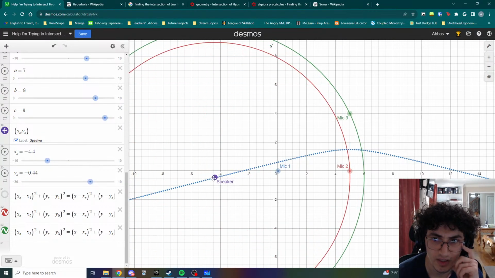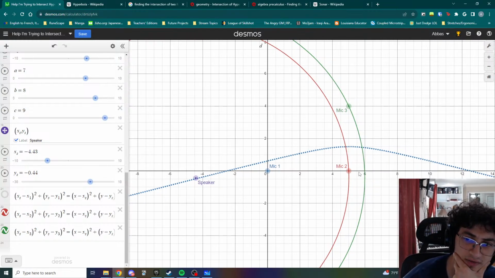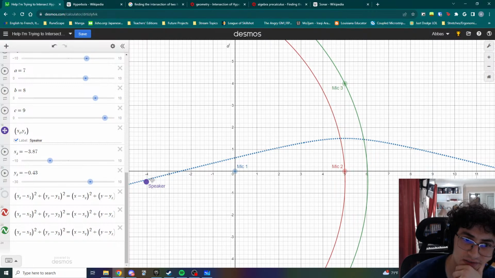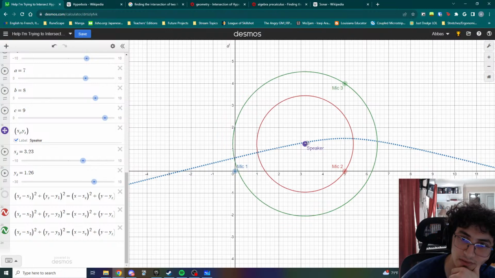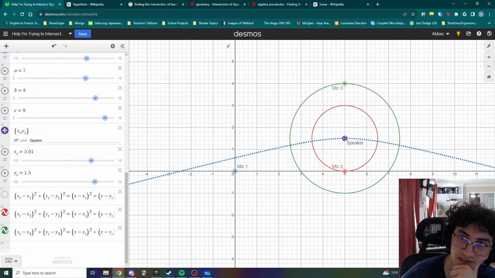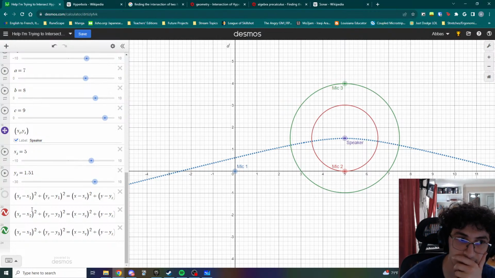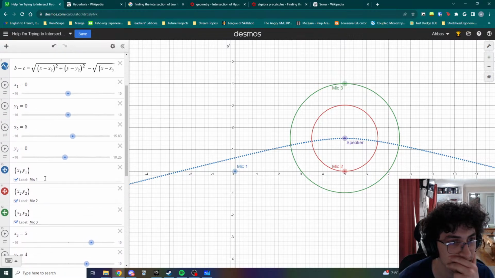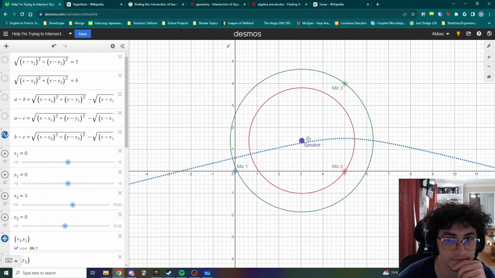Cool. Yeah, notice how the red circle is always at 5, and the green circle seems to always be at 6, as long as I stay along here. Until I get to here. But here, you know, the difference in distances is still, what is b minus c? -1. All right, yeah. Cool.